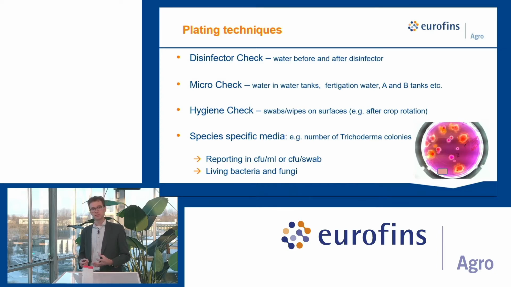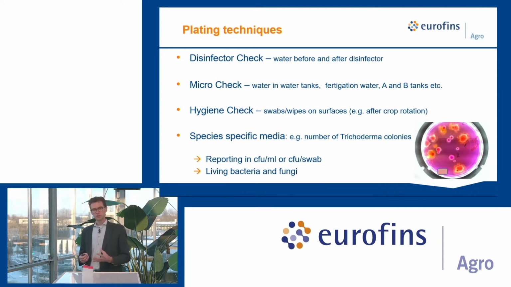Hygiene check is the same method in the laboratory, but you can send the swabs or wipes to the laboratory after you put them on a surface, and then you can send it to the lab for an analysis. For example, after a crop rotation.